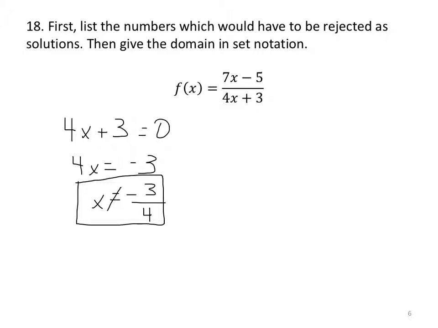So notice that if this problem had been 5x to the 15th plus 3x squared minus 17 over 4x plus 3, you would still get that x cannot equal -3/4 because the denominator is the same.